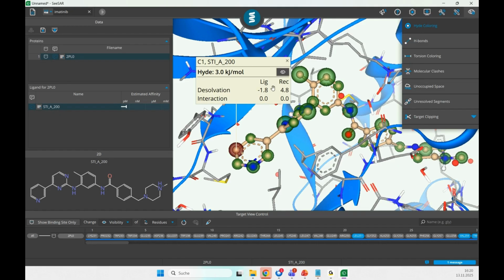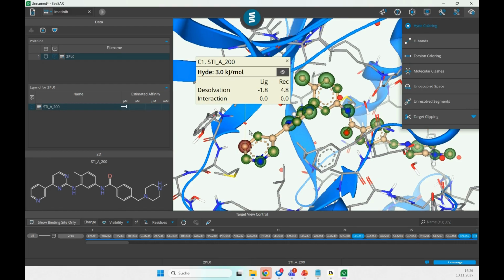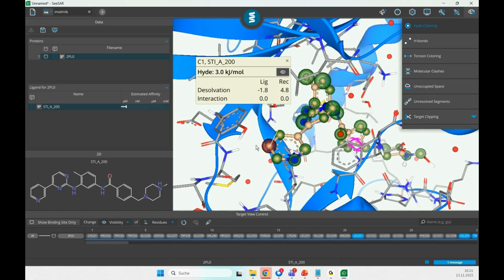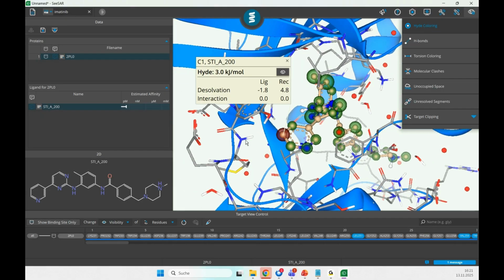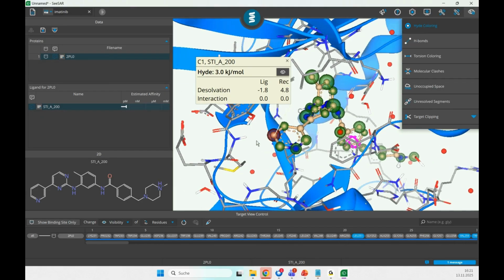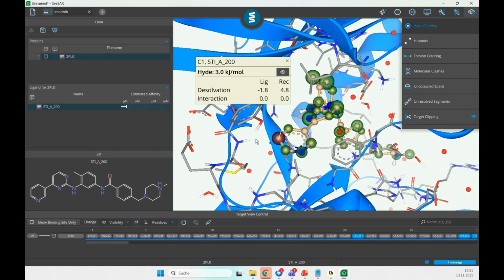So this carbon atom gains now some interactions because it's no longer exposed to water. It can form some lipophilic interactions. This is, we get 1.8 kilojoule per mole for the desolvation of the ligand. Since we don't form any particular hydrophilic interactions, there is no gain here. As for the receptor, we are stripping off a potential interaction partner in this segment here, because we have likely this hydrogen backbone of the target structure.